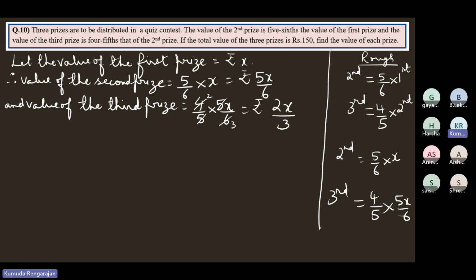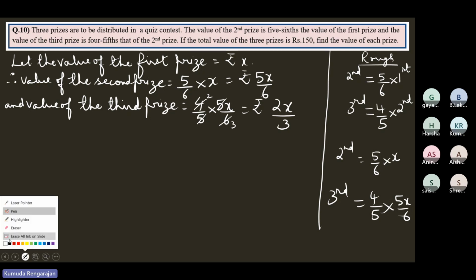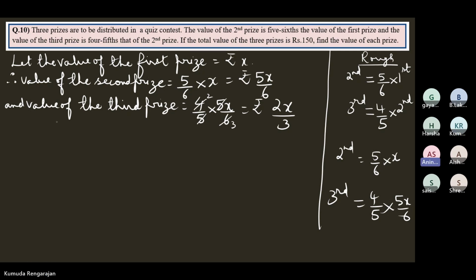Now we have the values of all the three prize monies. Now, Anantika, how do you construct the equation? Ma'am, so yeah. X plus 5x. No, tell me in words. Okay. So first prize plus second prize plus third prize is equal to rupees 150.